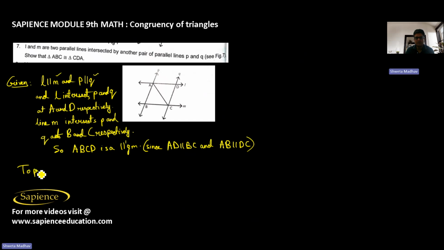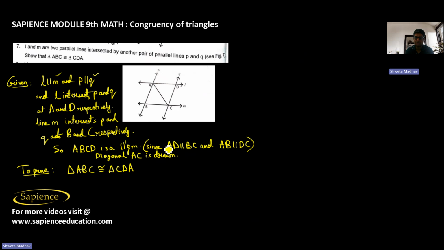So now we have to prove that triangle ABC is congruent to triangle CDA. Here obviously the diagonal AC has to be drawn. So we can write in the given only that diagonal AC is drawn. This should not be a part of the construction, since it is already asked to prove that triangle ABC is congruent to triangle CDA, so we have to write it in the given only.